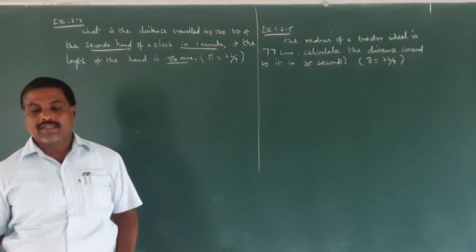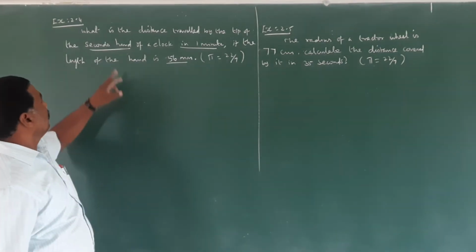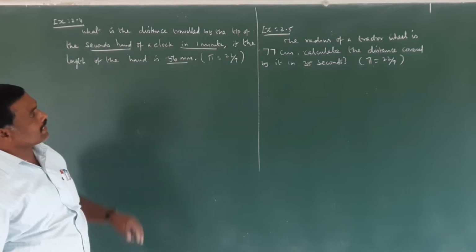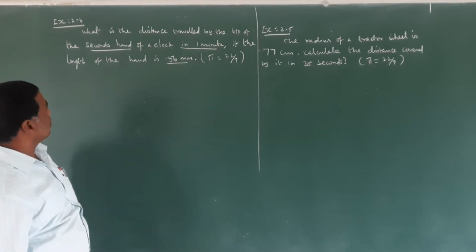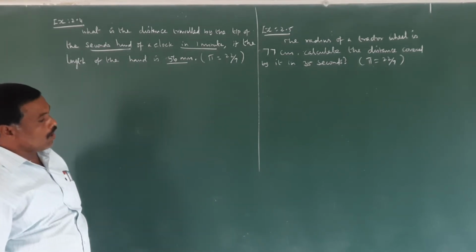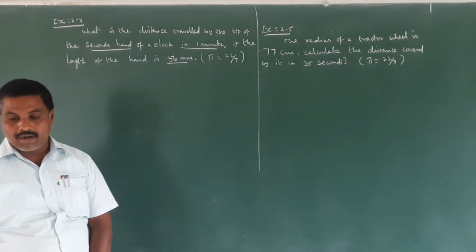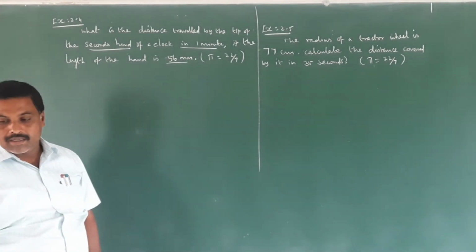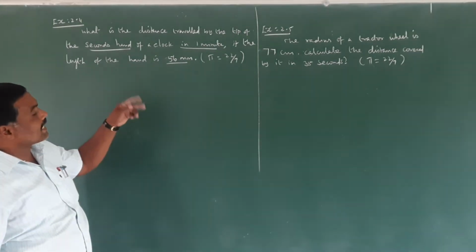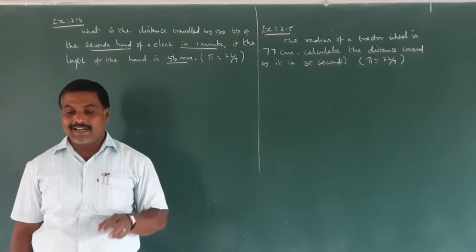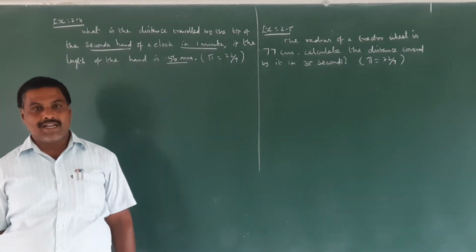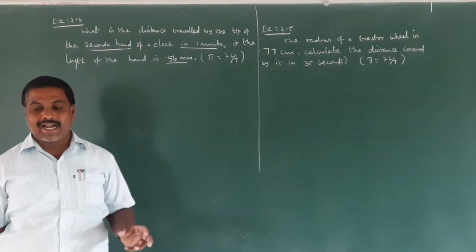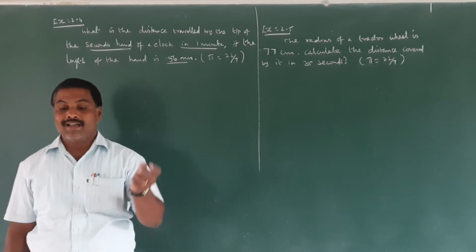Here, the distance traveled by the tip of the second hand of the clock in 1 minute is the circumference of the circle, and the second hand is the radius of the circle.